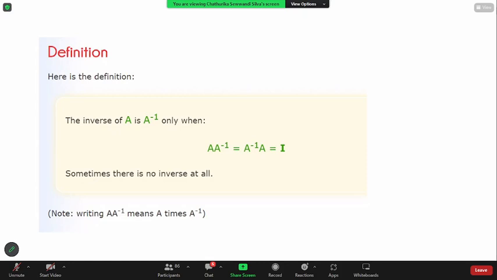Last week we discussed this. Yes, I got a direct message saying when the determinant equals 0, right? To find the inverse, we divide the adjoint by its determinant. So when the determinant is equal to 0, the inverse is not defined.